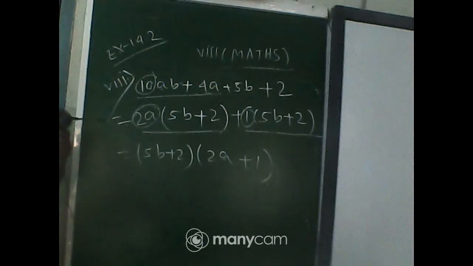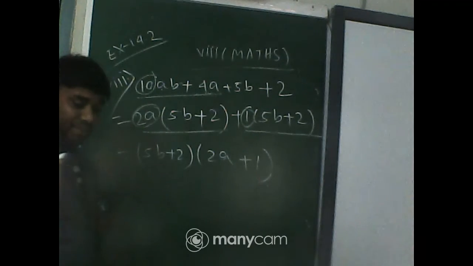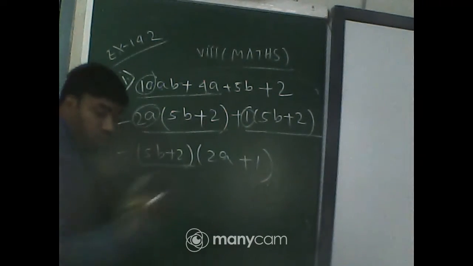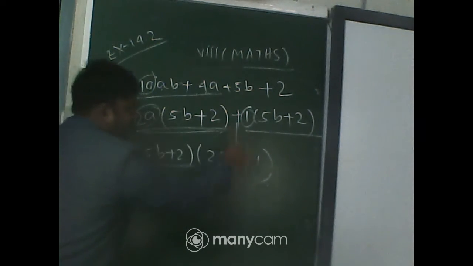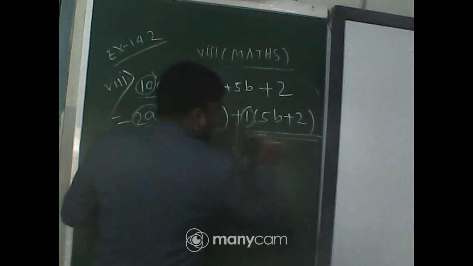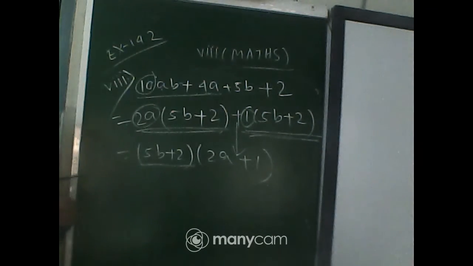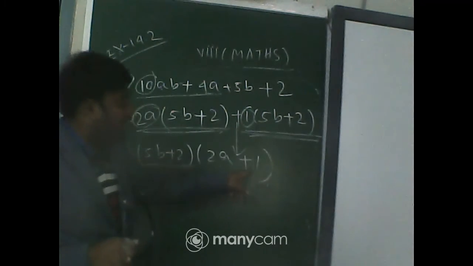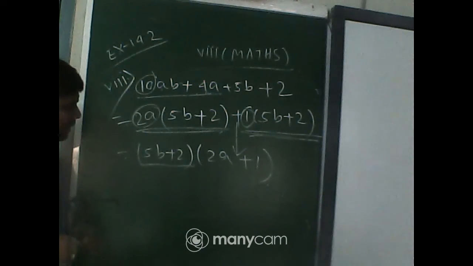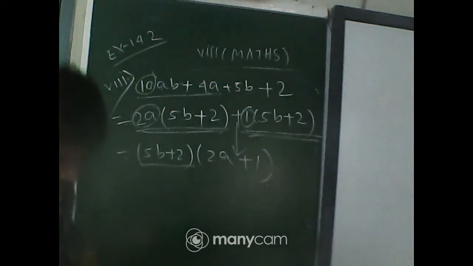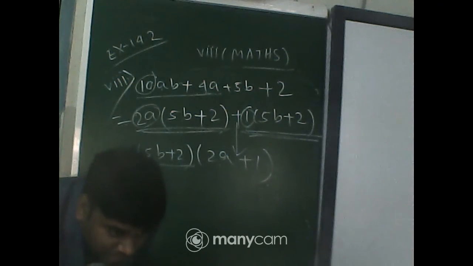So 5b plus 2 into 2a plus 1. I have taken 5b plus 2 common from both parts; from the first the left out is 2a, and from the second the only remaining part is 1. That's why I have written 1. Okay students, so that is question number 8.